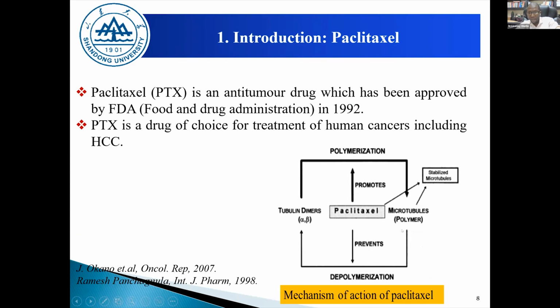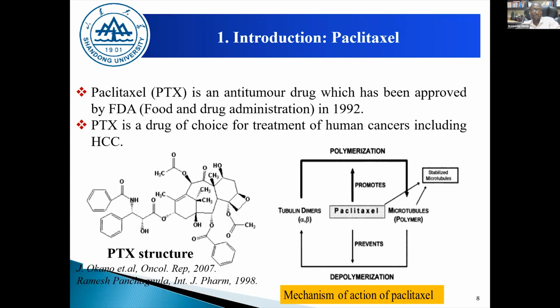How does it do that? It inhibits microtubule dynamic stability, and it also enhances polymerization, resulting in mitotic arrest, which then ultimately leads to apoptosis.